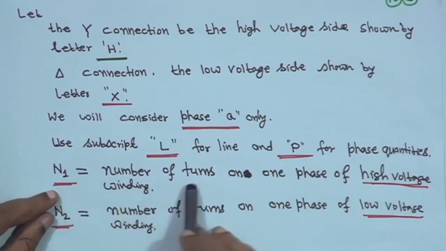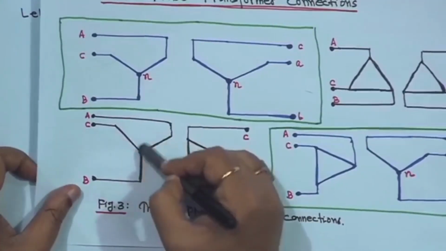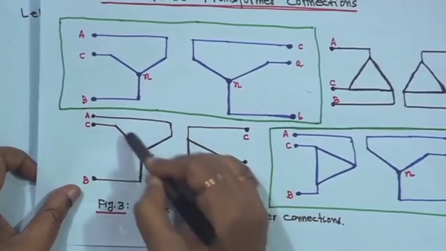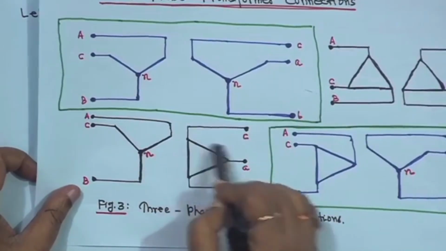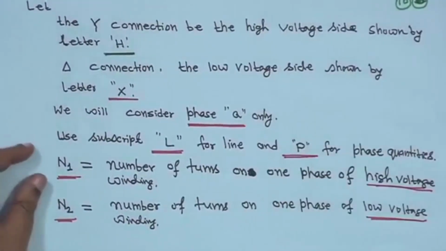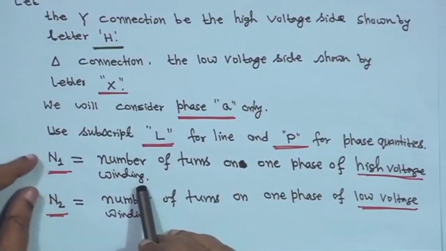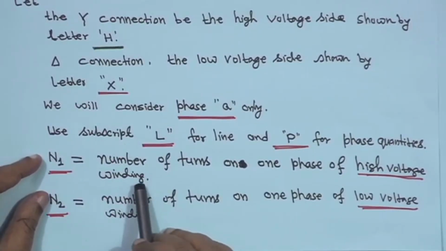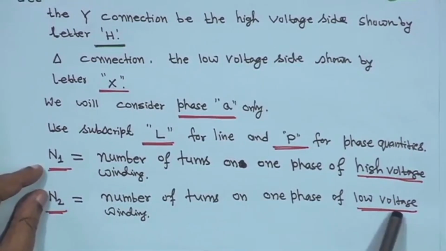N1 is the number of turns on one phase of the high voltage winding. Later we will show that this part has N1 turns, and on the delta side, the number of turns in each phase is N2. Instead of calling them AN, BN, CN, we call it the high voltage side, and N2 is the number of turns on one phase of the low voltage winding.